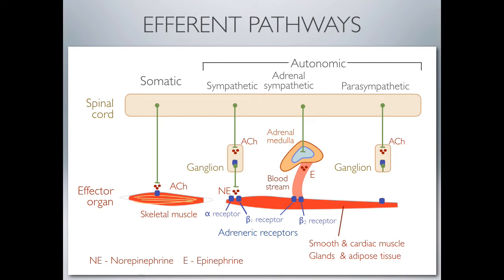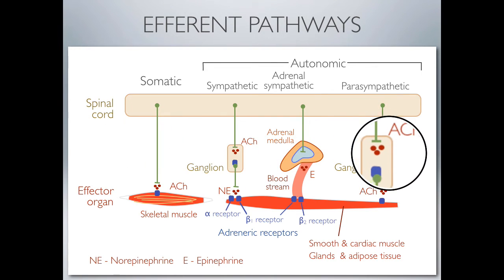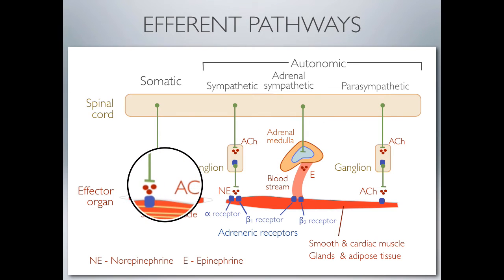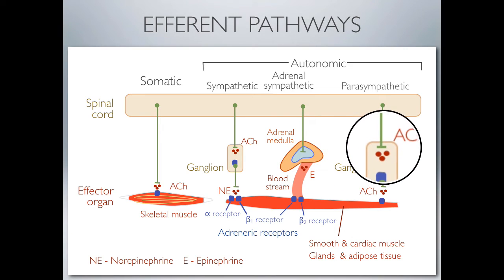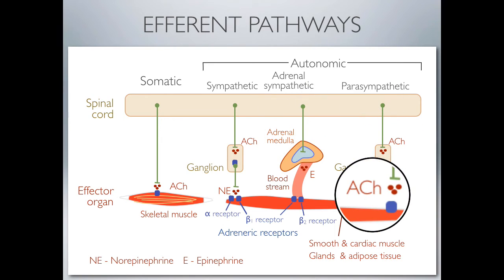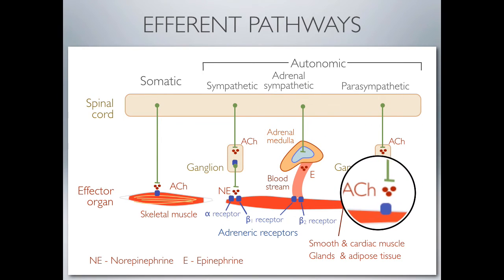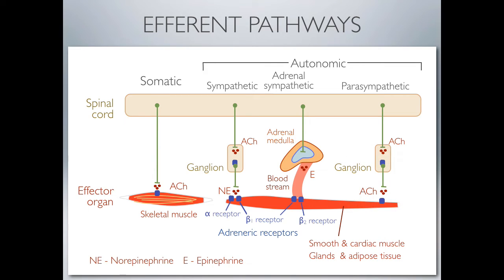Okay, so the last autonomic pathway that we're going to talk about is called the parasympathetic pathway. It also features a ganglion, and that ganglion also features acetylcholine. So we can see there's acetylcholine in the somatic pathway, acetylcholine in this ganglion, acetylcholine in that ganglion. If you had to guess a neurotransmitter, acetylcholine would be a good guess. And it turns out the parasympathetic also releases acetylcholine right at the end of this pathway.